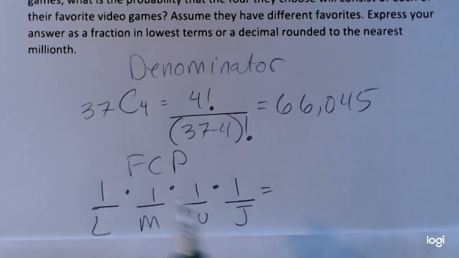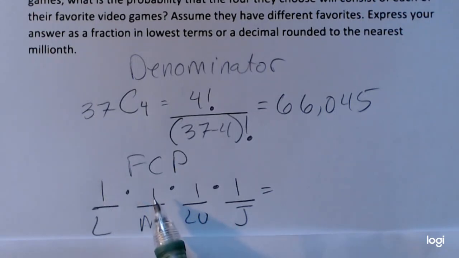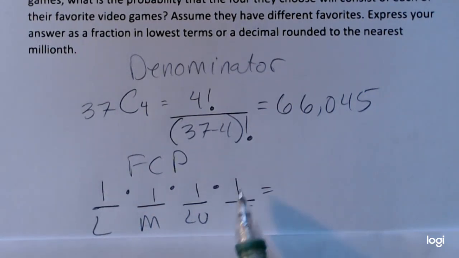We could rearrange all of this and still come up with the same value. There's one favorite for Liam, one favorite for Michael, one favorite for Luke, one favorite for Jimmy. And with the fundamental counting principle, we just multiply straight across.